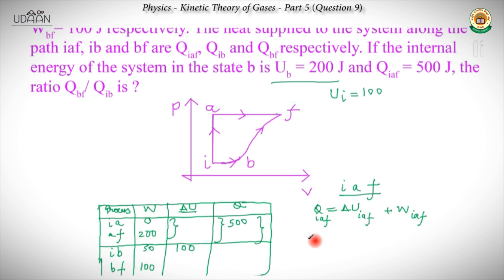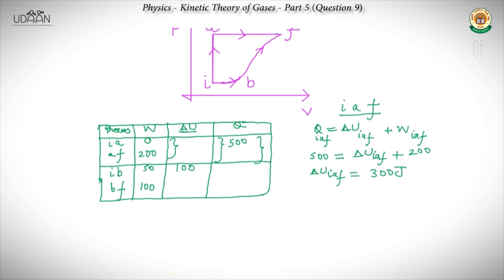So QIAF is 500, which equals delta U IAF plus the total work IAF, which is 200. Hence delta U IAF comes out to be 300 joules. Now we can get UF, which would be equal to UI plus delta U IAF, because this process was from I to F and we add that to UI. UI was 100, so we get UF as 400.